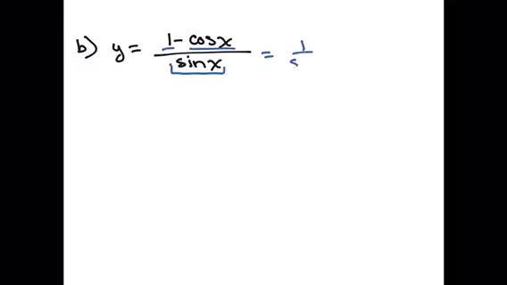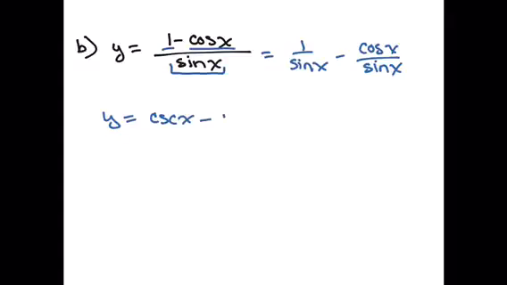And this would be 1 over sine x minus cosine x over sine x. And the trig identities allow me to rewrite this as cosecant x minus cotangent x. And by doing that, I won't have to use the quotient rule at all.